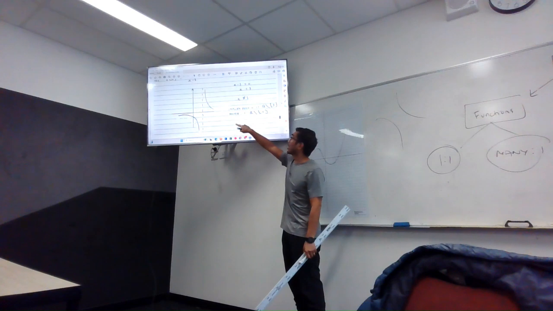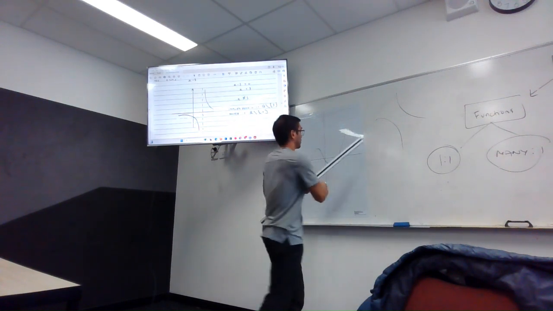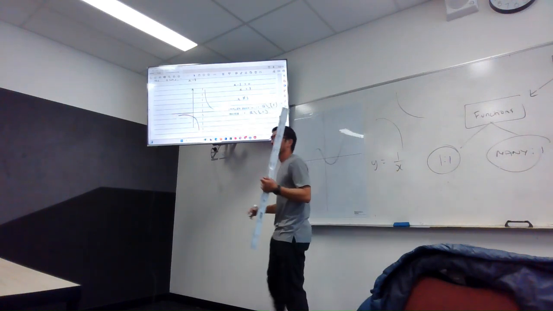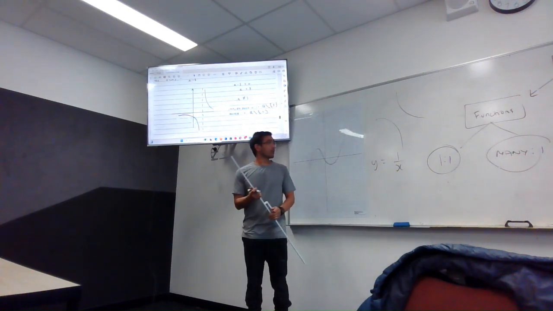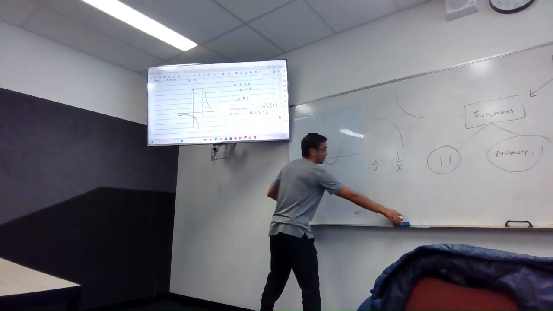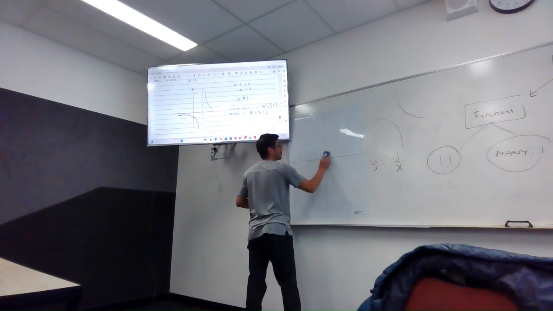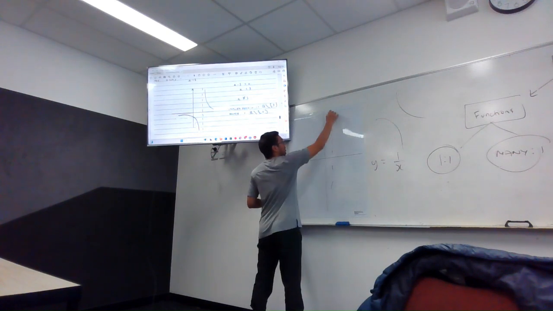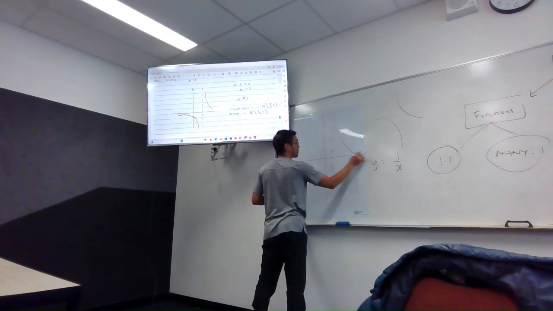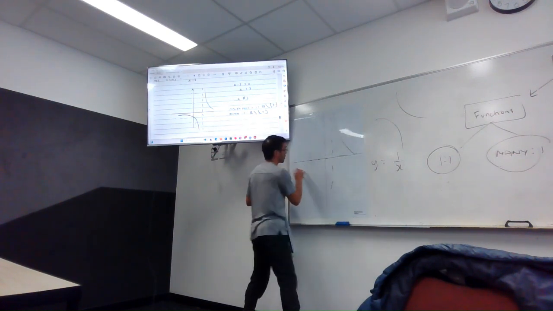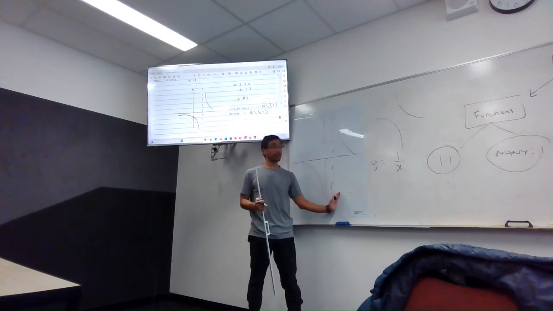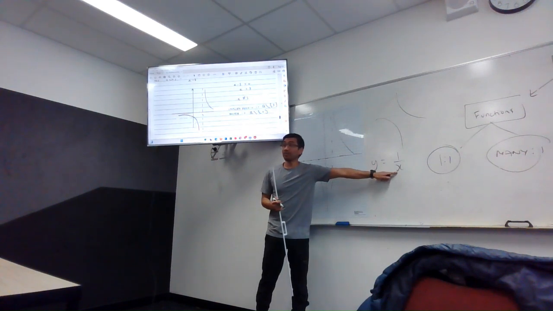Also, look carefully. Let's do it properly here. We'll do a bit of practice later on. This is 3. With hyperbolas, there's a skip where the denominator is.